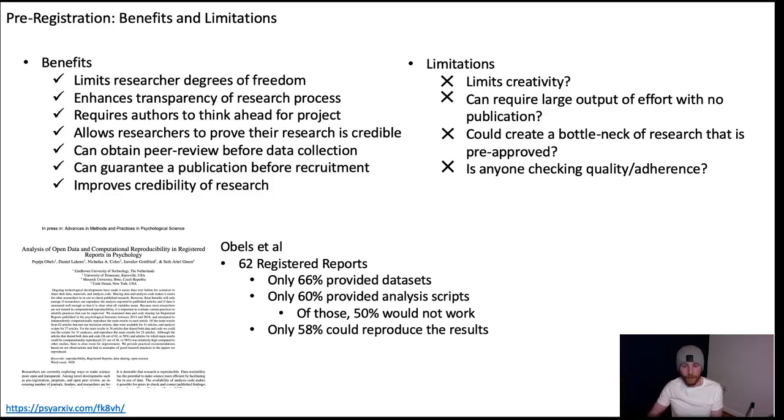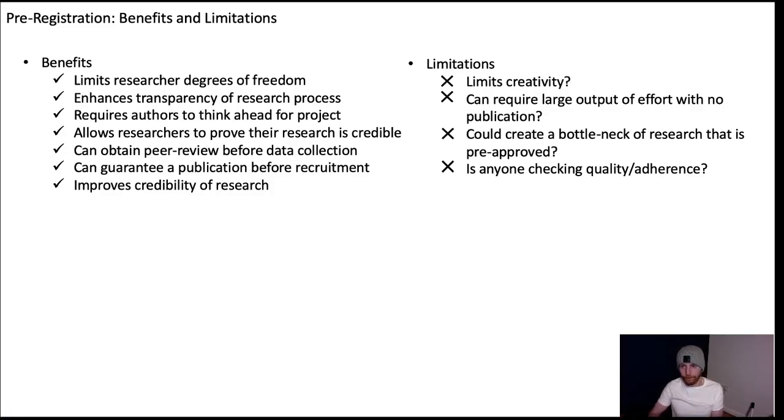And in fact, when they tried to reproduce the results, they could only do so in 58% of the registered reports. So just because people are registering doesn't mean that they're necessarily following the rules of the registered report format, which means make your data set available, make sure your results are reproducible.